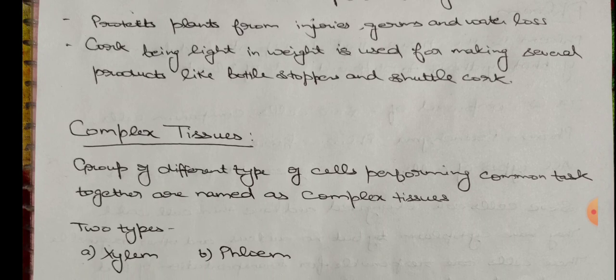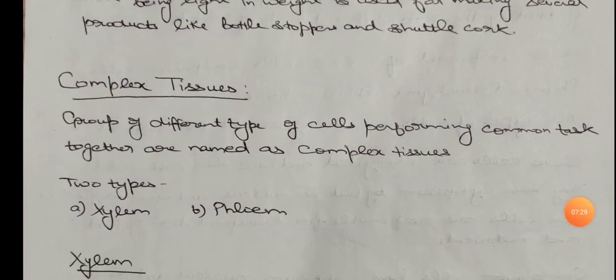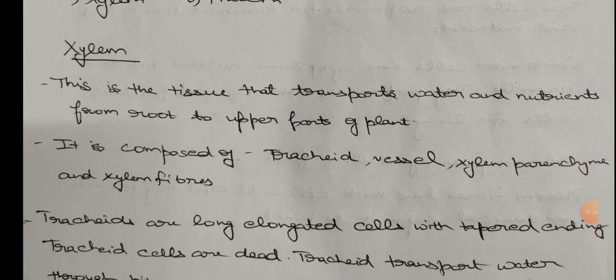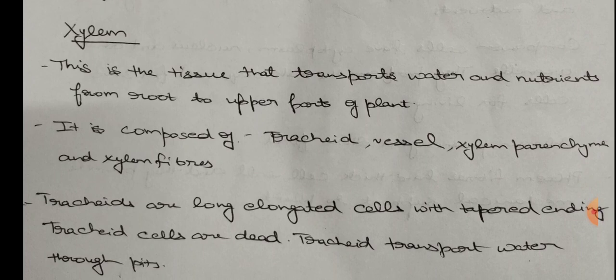These are of two types, very important: xylem and phloem. So shall we start with xylem? The first complex tissue that we are going to study in plants is xylem.